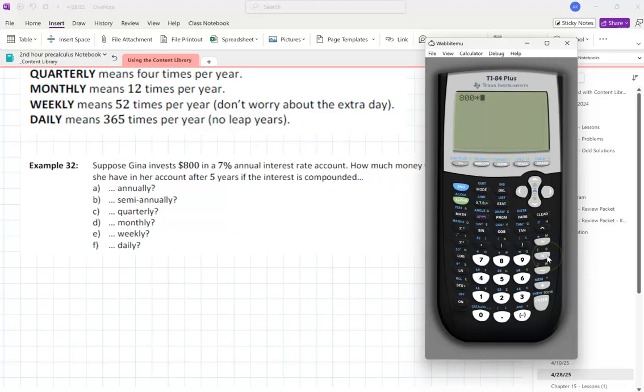So PV times 1 plus R over, I'm going to use the fraction command here. So my R is 7 over 100 times K, and for the first one, K is equal to 1, raised to the N times K power, so 5 times 1.